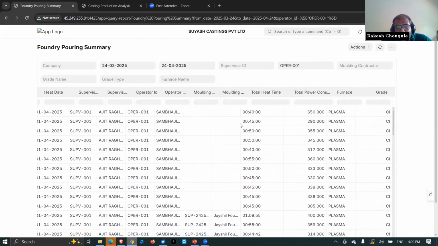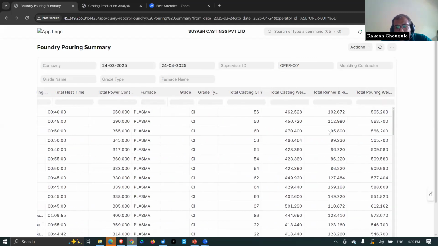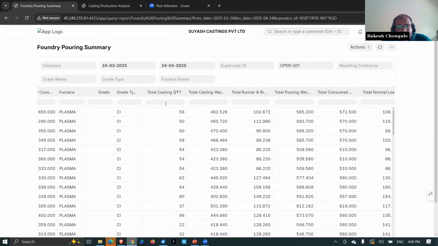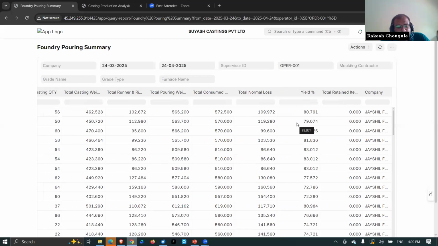So I can track the performance of a particular operator based on a particular casting or a particular grade. Each and everything has been captured in this report. You can see here the total casting weight, runner riser weight, normal loss, and the yield which we have generated from a particular heat is also calculated in this report.